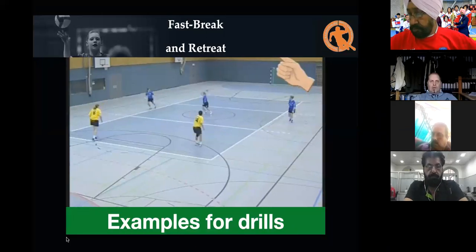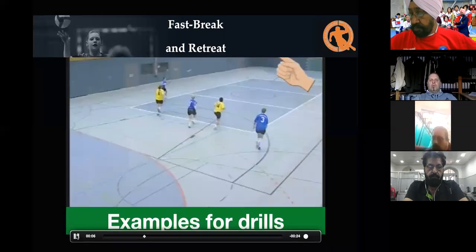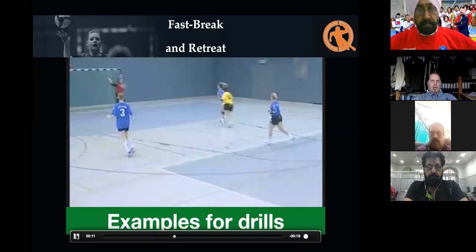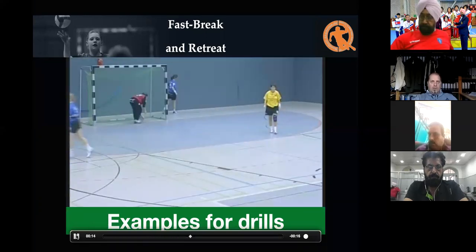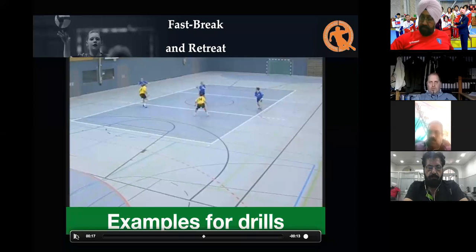And this is the one you see here. It's called 3 times 3 against 2. And you see how it is working. It's the three players in attack, now three players in blue against the two defenders in yellow. And they start the ball circulation from the center line.